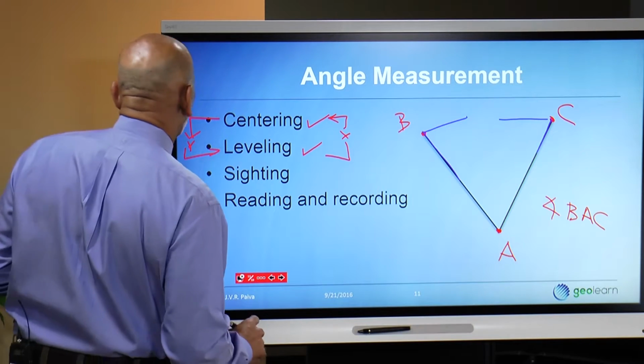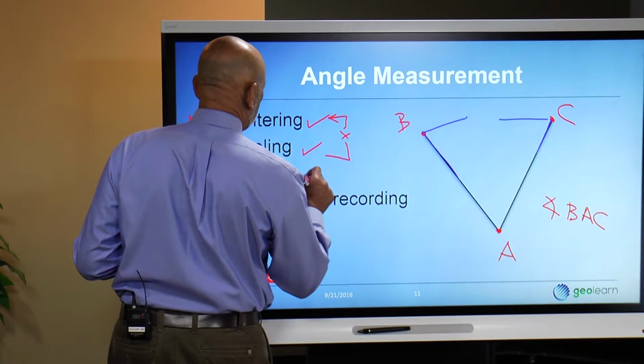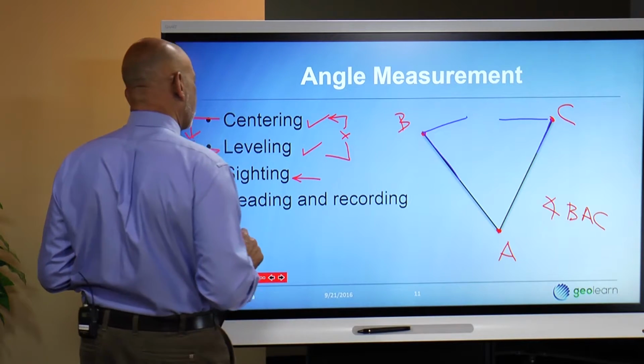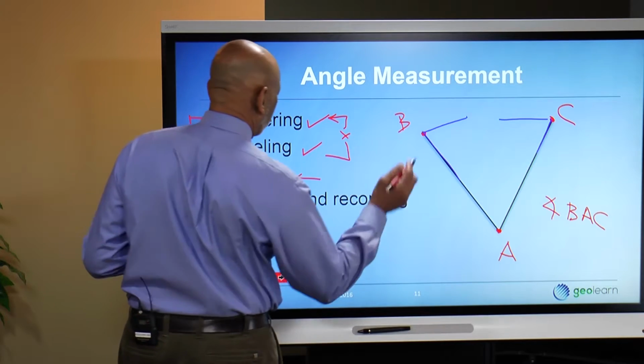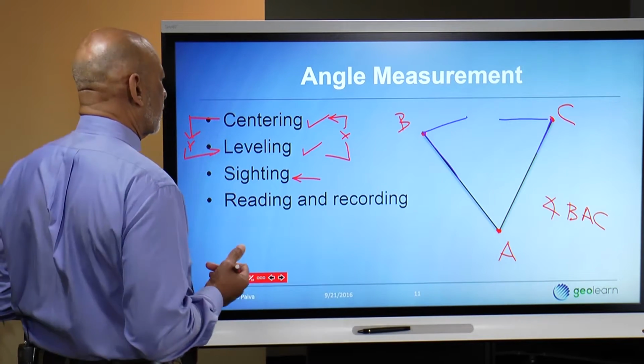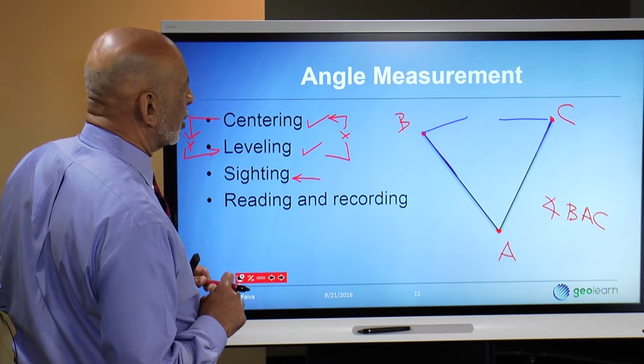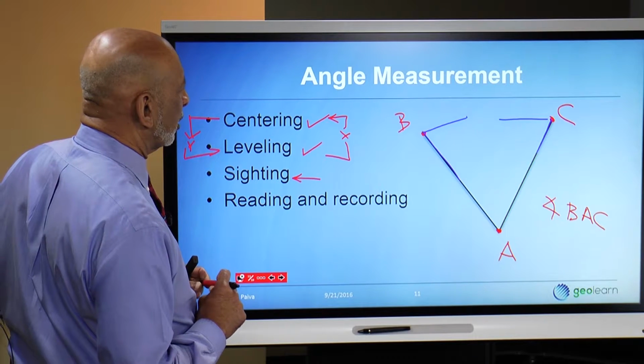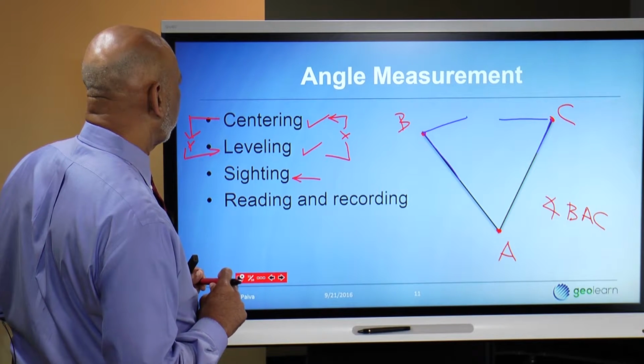The next point that also takes experience as well as art and science is the actual sighting. So we have different kinds of targets that we observe. I won't go into this here, but we'll talk about it more from the textbook reading point of view.